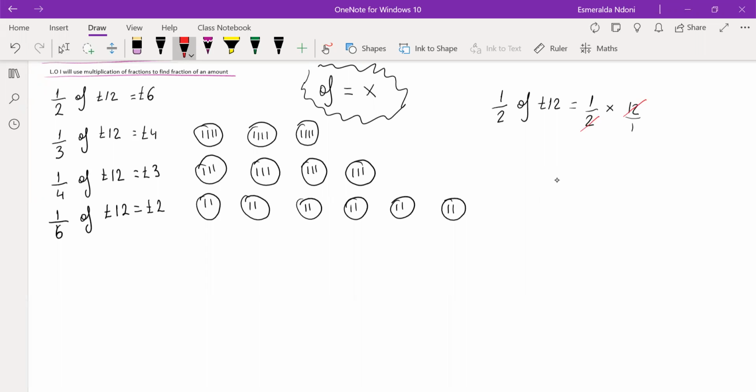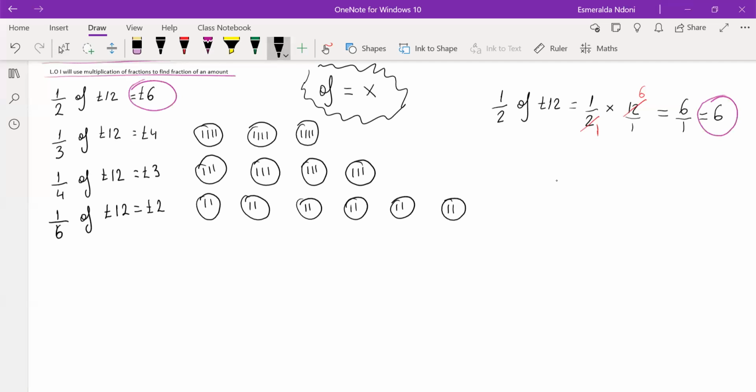They can both be divided by 2. 2 divided by 2 leaves me with a 1, and 12 divided by 2 leaves me with a 6. So I know now that 1 times 6 is 6, and 1 times 1 is 1. 6 over 1 is the same as 6. So as you can see, the answer was the same answer that I got at the very beginning.